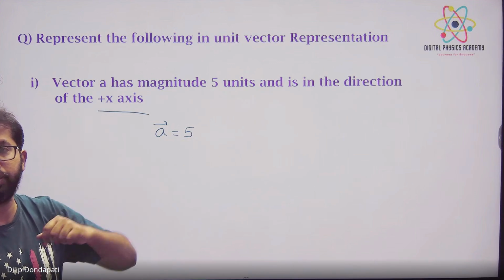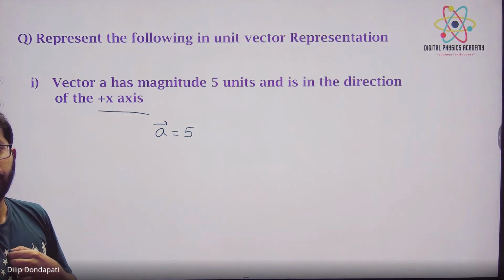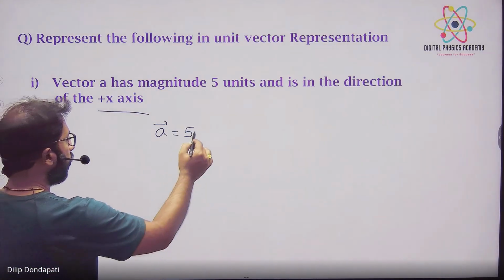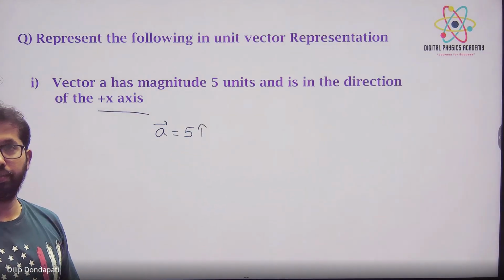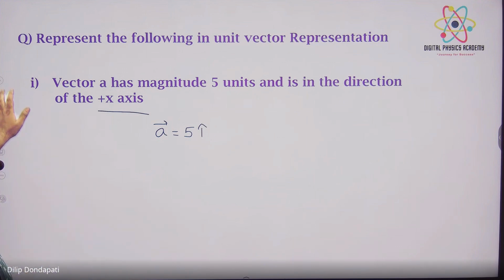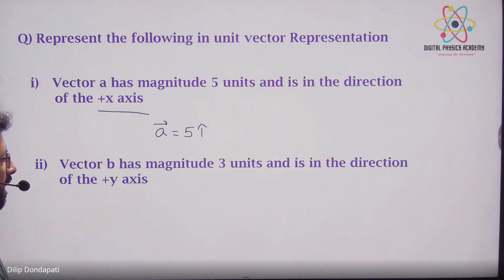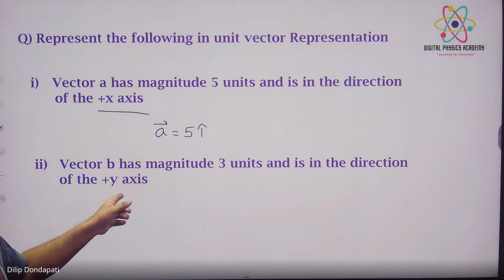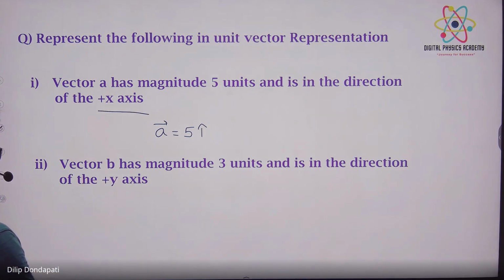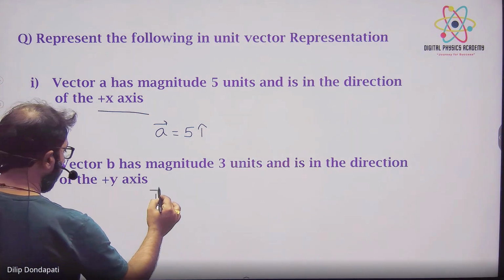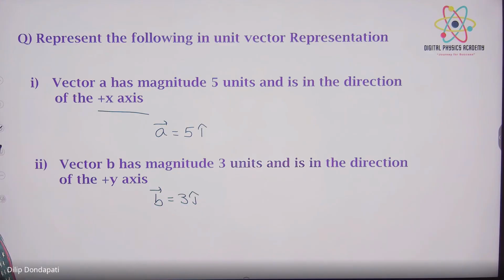So which cap will we give? I cap. So 5 I cap is the answer. Simple. Right? Tell me, vector B has a magnitude 3 and is in the direction of positive Y direction. So the answer is 3 J cap. This is a basic thing, understood, right?